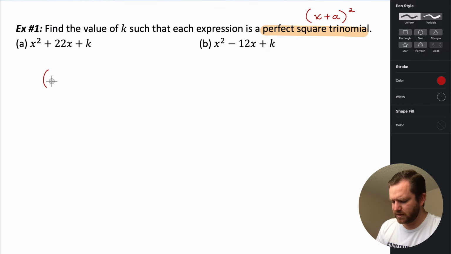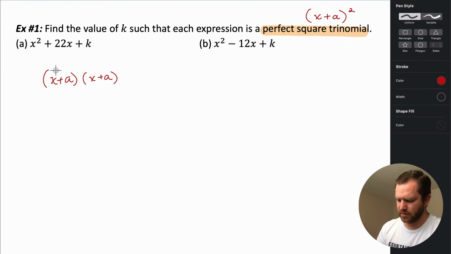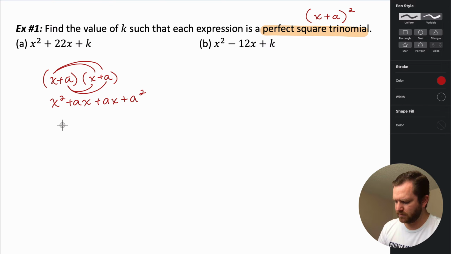If I were to expand x plus a quantity squared into a trinomial, what would I get? x times a is x squared plus ax. Then multiplying this out, I get plus another a times x plus a squared. Combining like terms gives me x squared plus 2ax plus a squared.